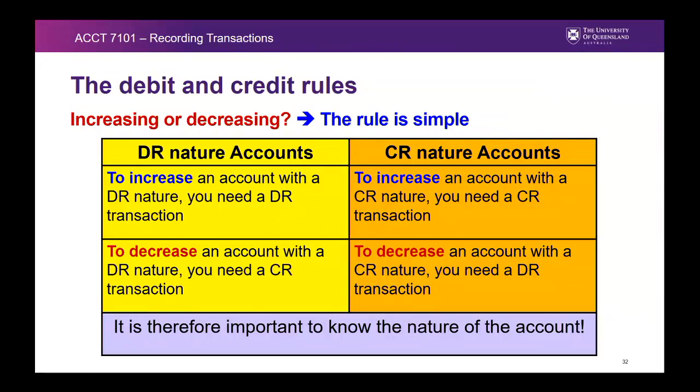Where we have an asset or expense, we increase it with a debit, and we decrease it with a credit because it has a normal debit balance. And with liabilities, equity and income accounts, we increase them with a credit and we decrease them with a debit. Okay, so we've totally replaced our plus and minuses with debits and credits.